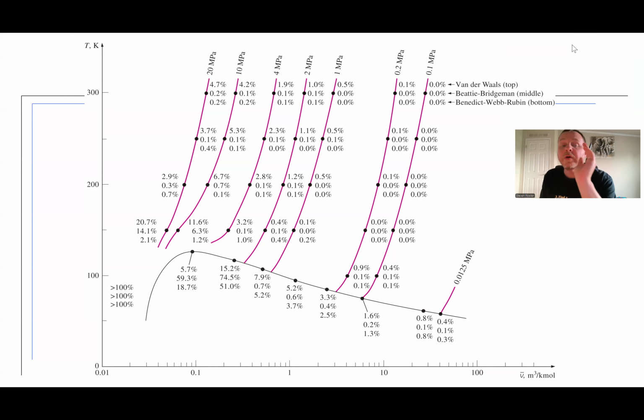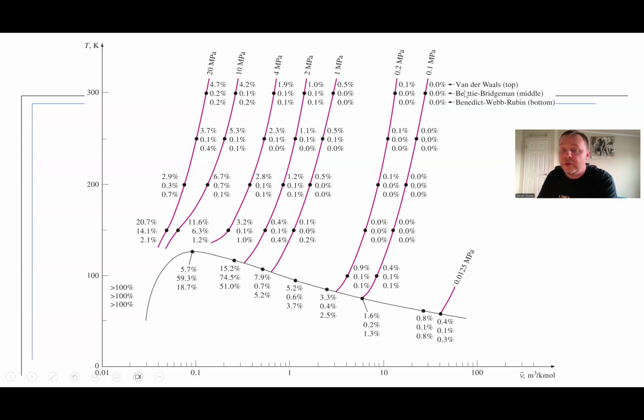So remember up here, basically at the critical point, the ideal gas law had over 100% error at these high pressures. Not the case with some of these other models, right? And so your tables in your book a lot of times are made using one of these models.